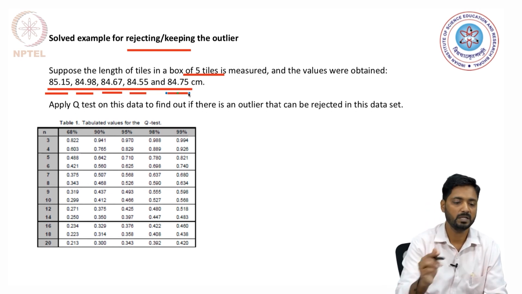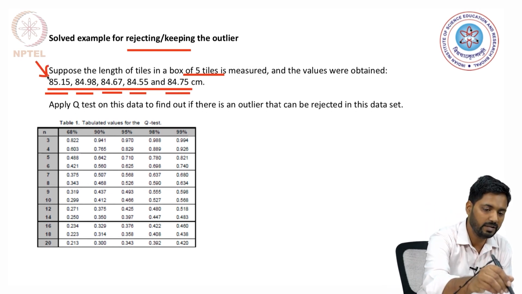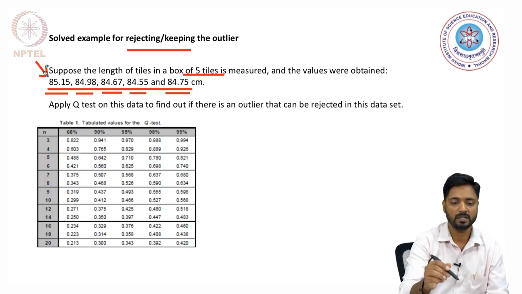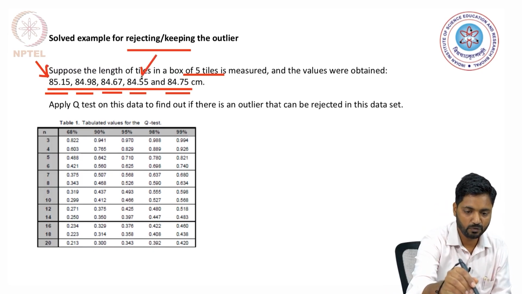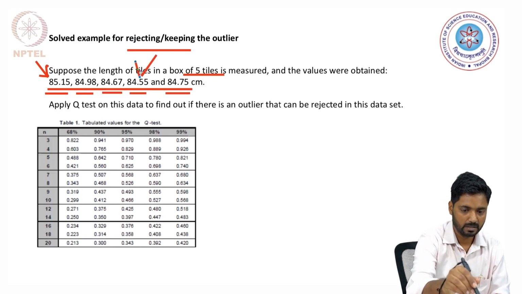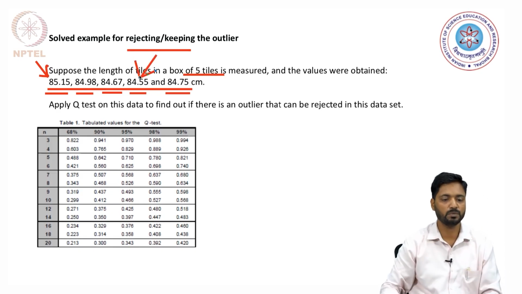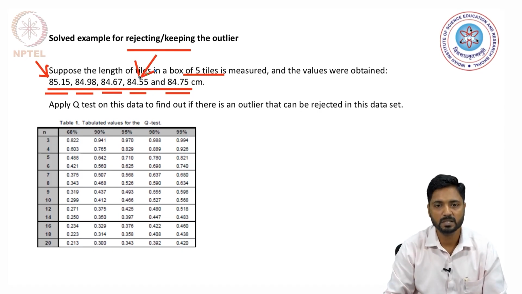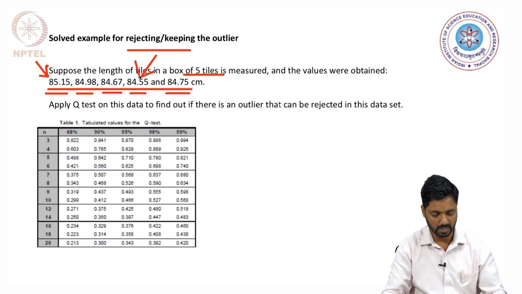In this case, 85.15 is the largest reading and 84.55 is the reading which is smallest. So, either of these readings could be an outlier, and let us quickly perform the Q test to test which of the readings, if any, is to be considered as an outlier.